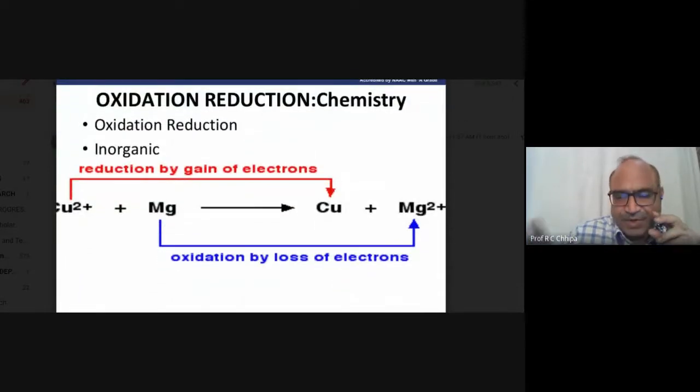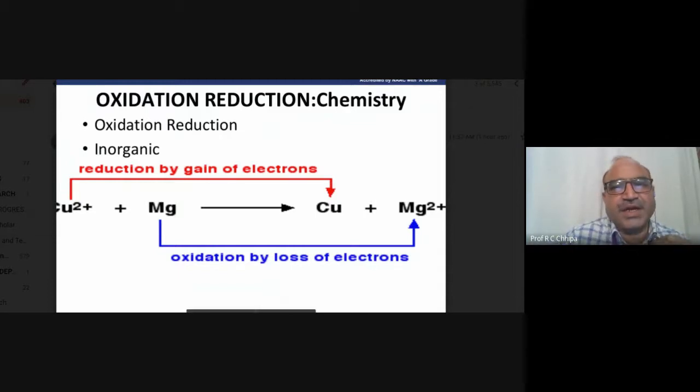Now, this is one of the processes where copper plus 2 is converted into copper 0. So that is reduction by gain of electrons. What do I mean?